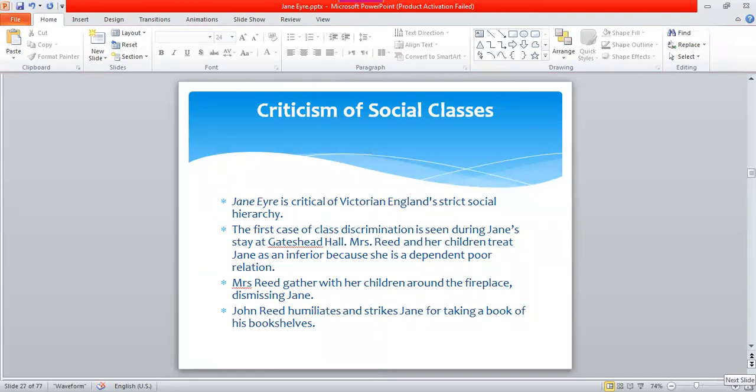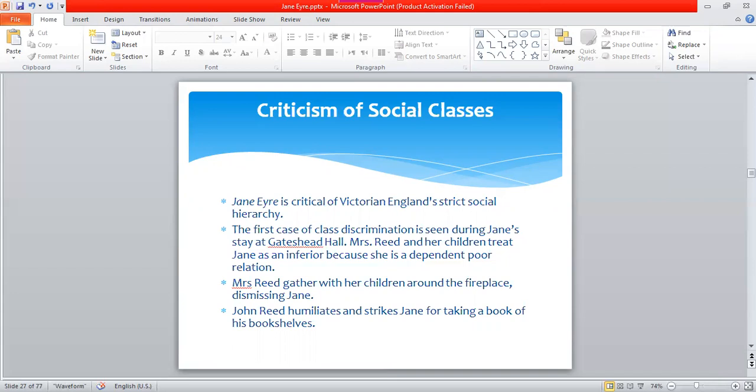Jane Eyre as a novel is critical of Victorian England's strict social hierarchy, or social class structure or system, which divides people according to their social class. The first case of class discrimination or class distinction is seen during Jane's stay at Gateshead Hall.